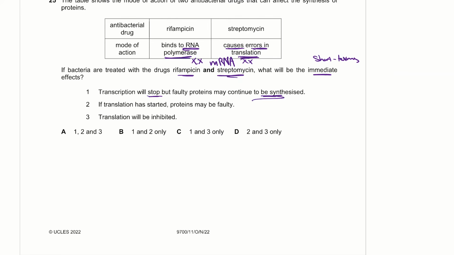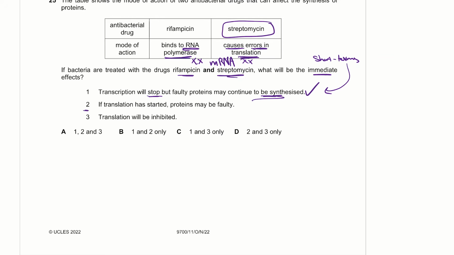Yes, because we did stop mRNA formation. However, there are still mRNA molecules in the cytoplasm. Therefore, they can still be translated, but due to the streptomycin, there will be errors in that translation. Therefore, this is correct. And this is short term because we're assuming that there are still mRNA in the cytoplasm.